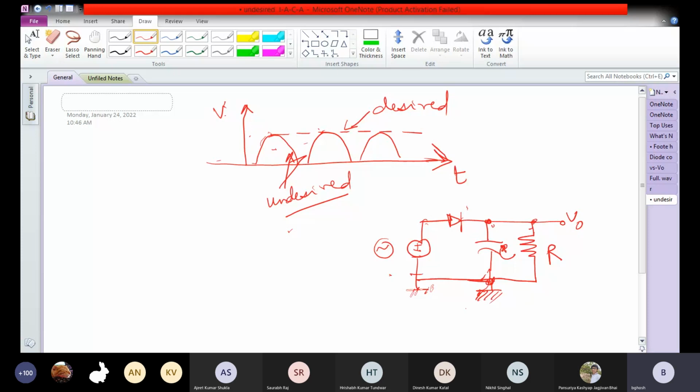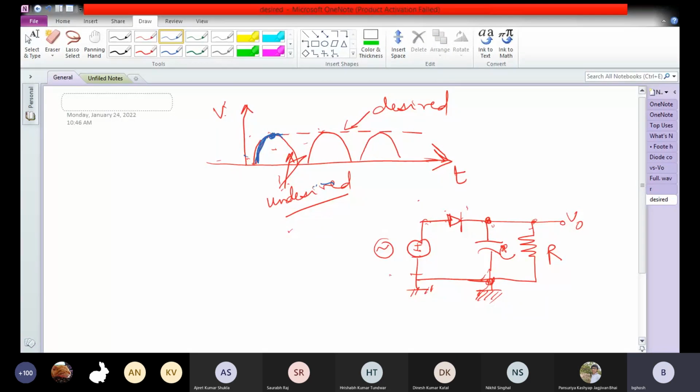So what happens as a result of this? Very simple again. When this diode reaches the peak voltage, the capacitance charges up to the peak voltage. So in this half of the cycle, the capacitance charges up here, up till here.